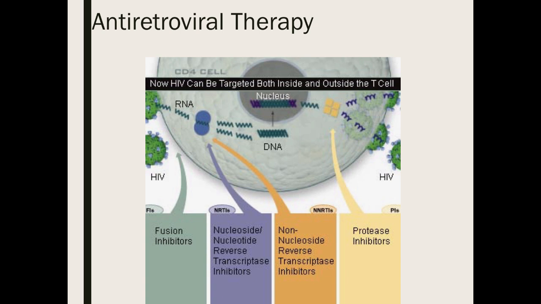We've got protease inhibitors, so we've got all these different types of antiretroviral drugs going after the same virus just from different areas to really knock it down and kick it out, right? To really go after it and try to kill it and control it as much as possible to preserve as much of the immune system as possible.